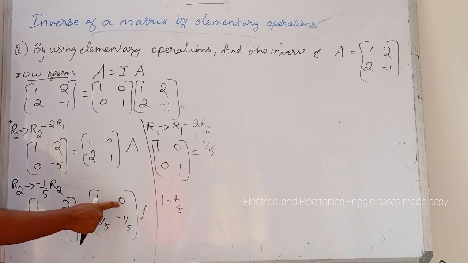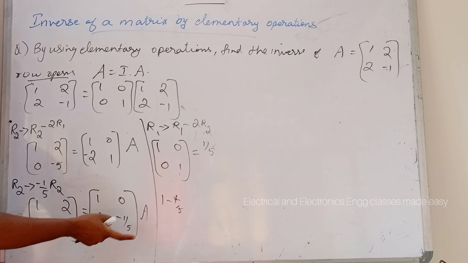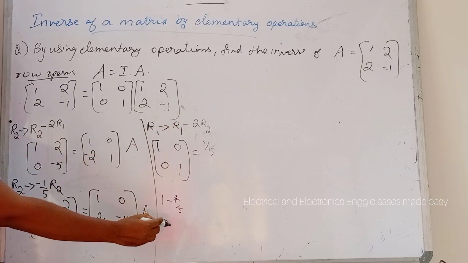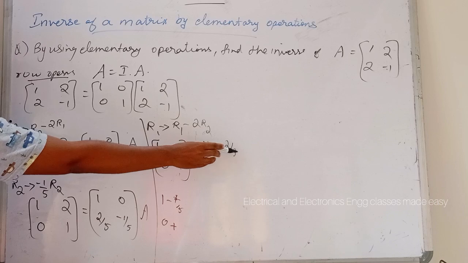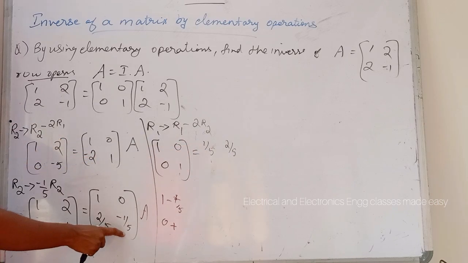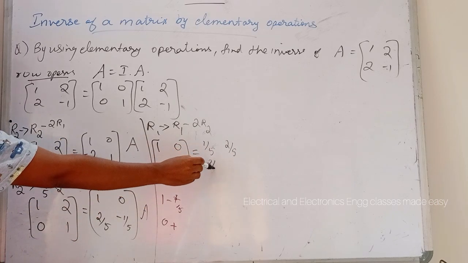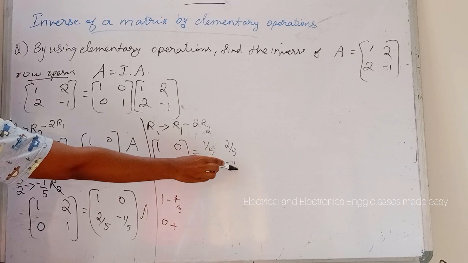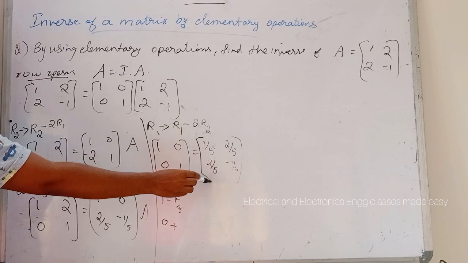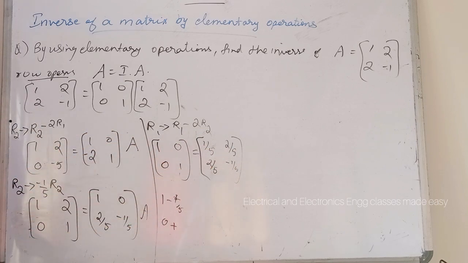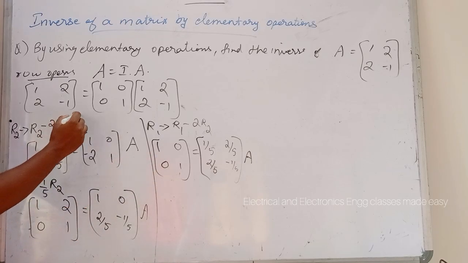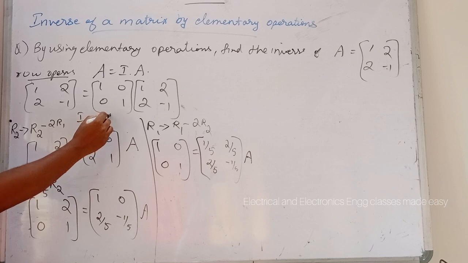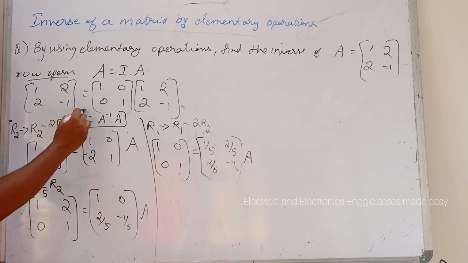Then here we will get 0 minus 1 by 5 into 2, that is 0 minus minus of minus plus 2 by 5. So here we will get 2 by 5, then 2 by 5 and minus 1 by 5, into A. So here on the LHS we have got I. So I equal to A inverse into A form we have obtained.